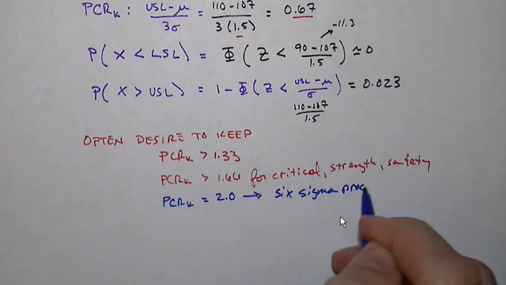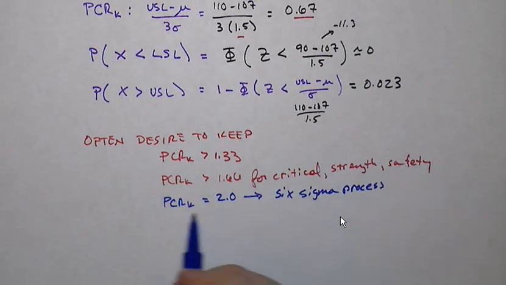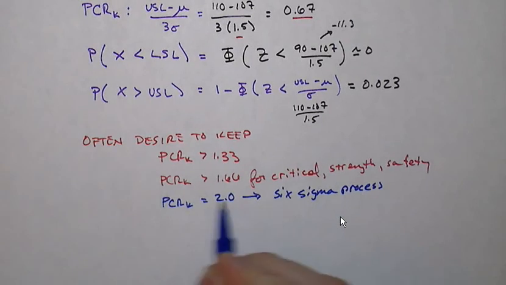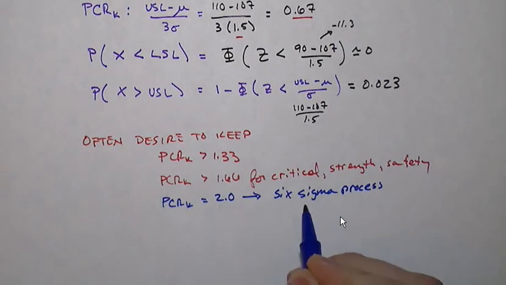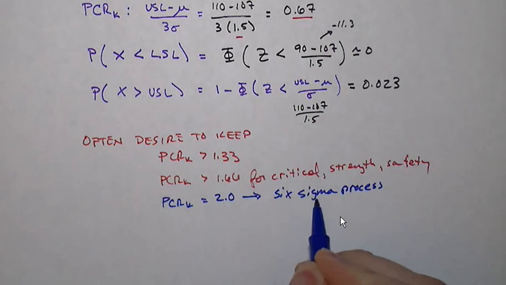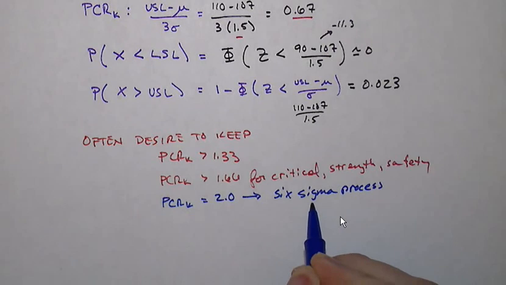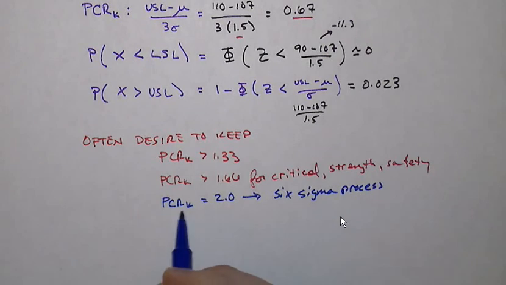Our process mean is going to end up, it turns out, with this ratio, 6 sigma away from the specification limits on either side. And that's a fairly significant kind of situation. It tells you that the likelihood that you're outside of the specification limits is exceptionally small.